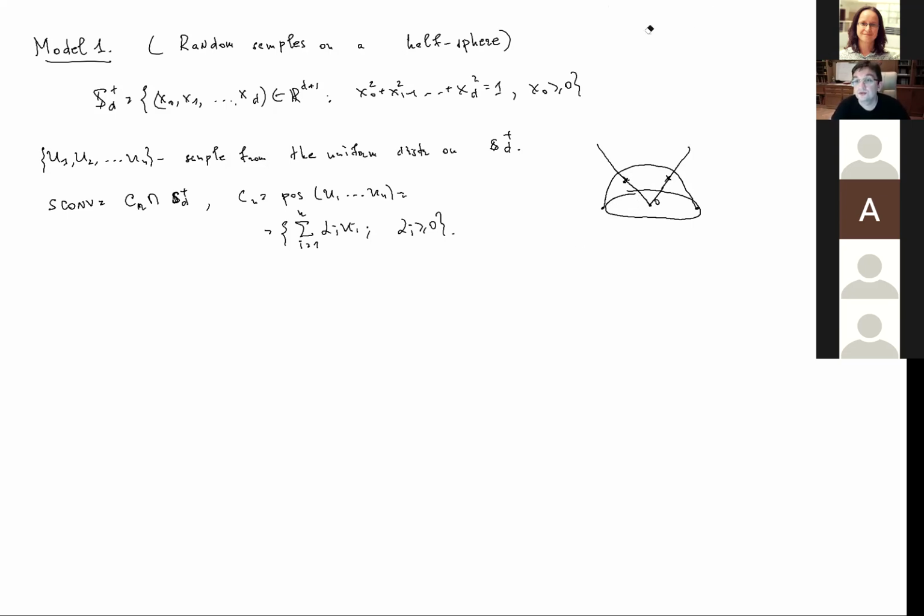And so Cn is an infinite cone bounded by these rays. So these rays are edges of the cone. And Cn intersected with S^d_+ is the part of the upper half sphere inside this cone. So this is a spherical triangle.